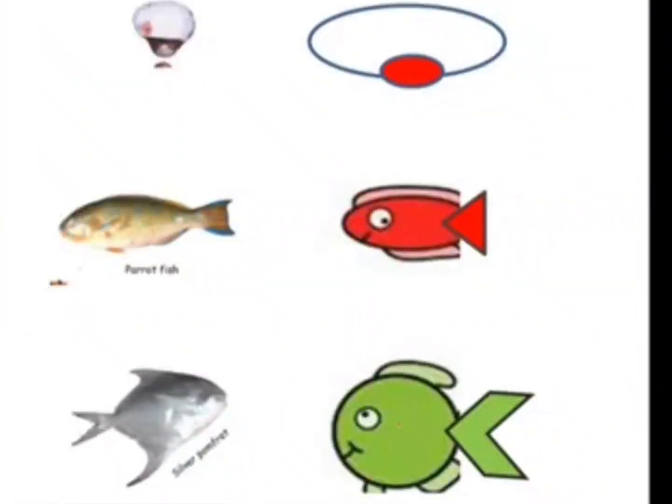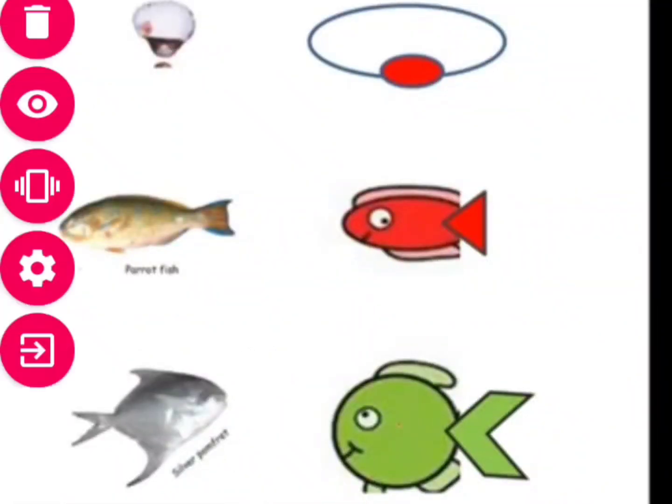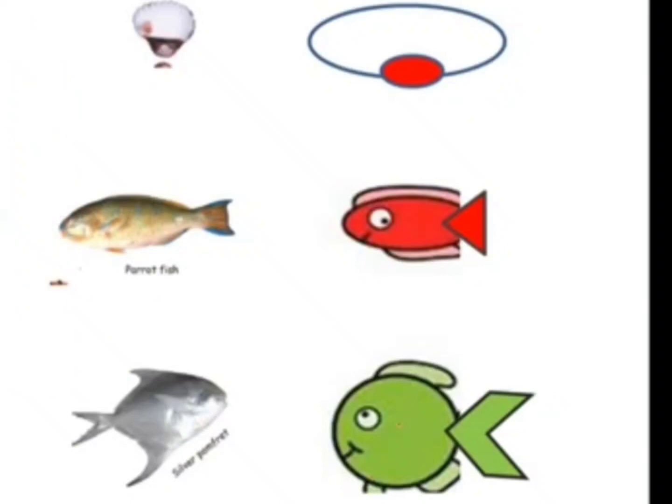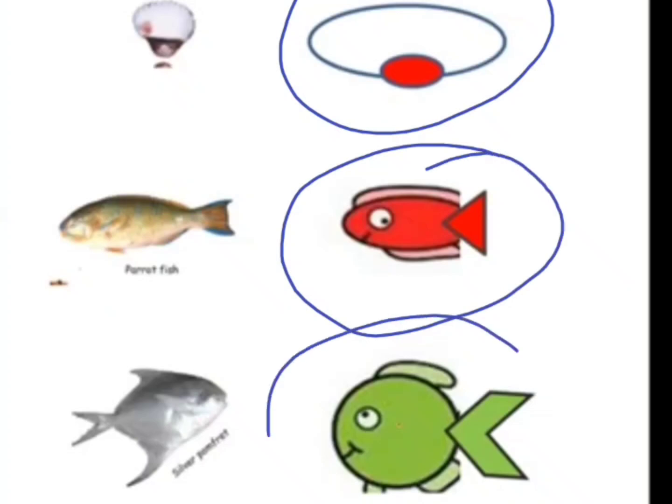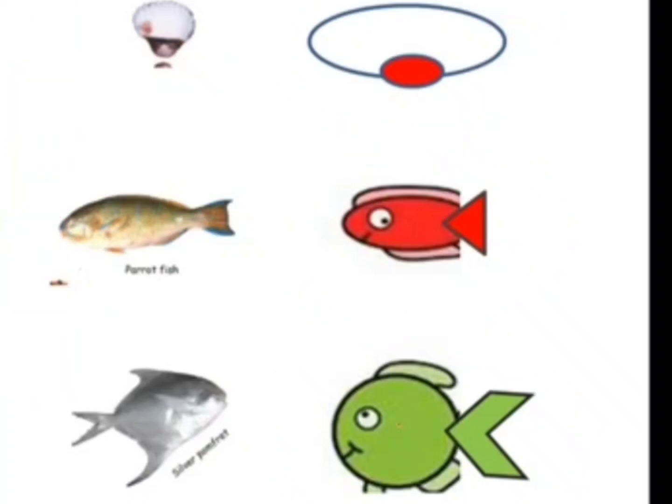Here I have drawn some sea animals. This is kakka, parrotfish, silver pomfret. So children, just try to draw a sea animal with the help of those shapes.